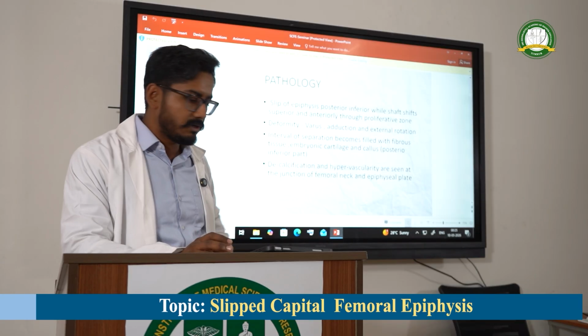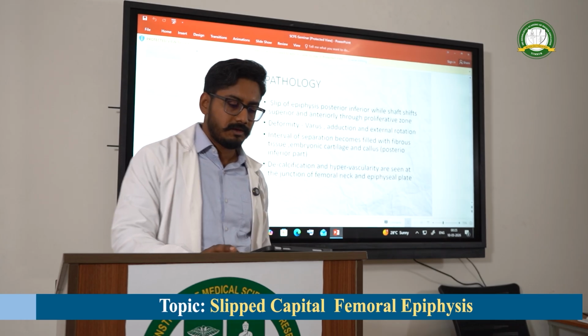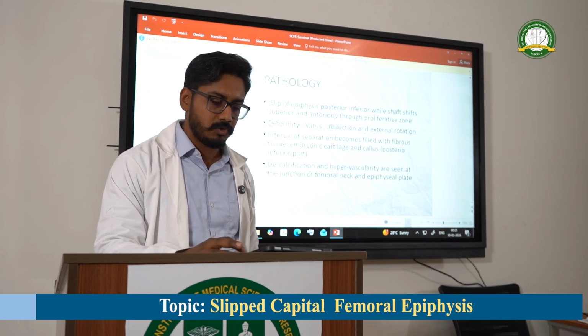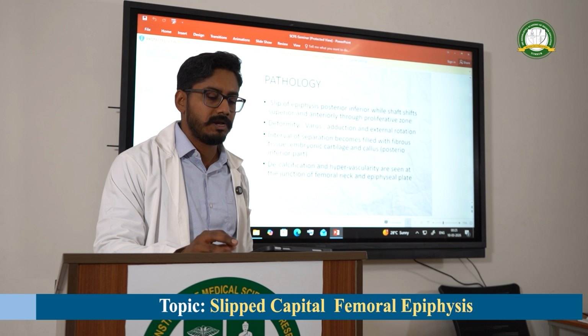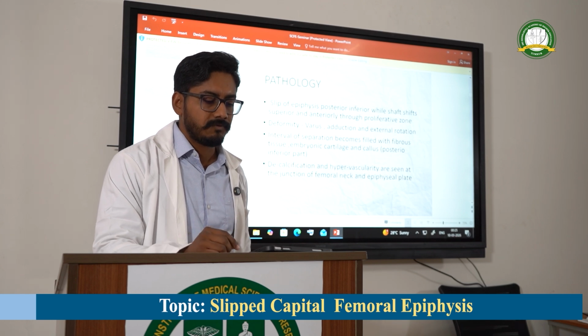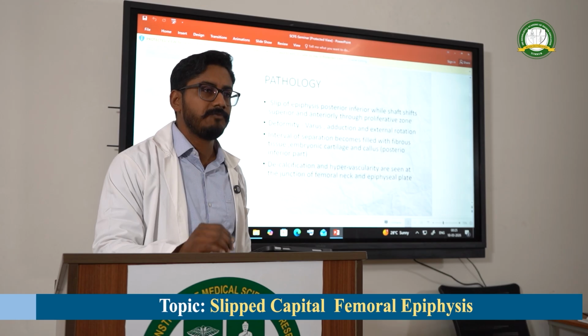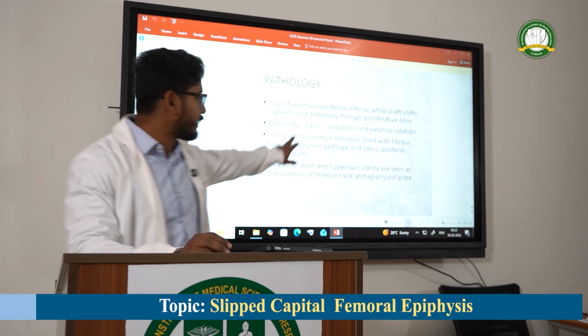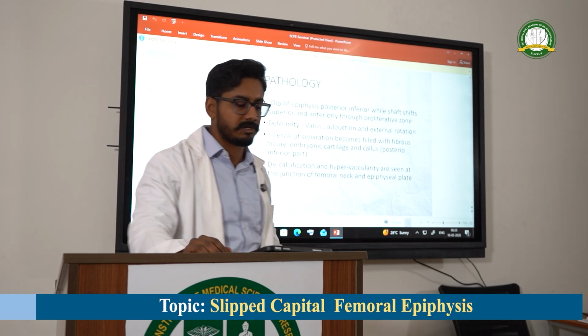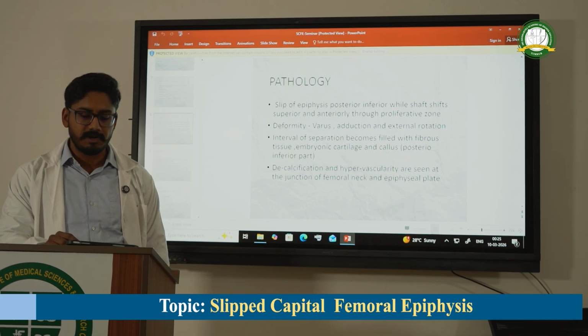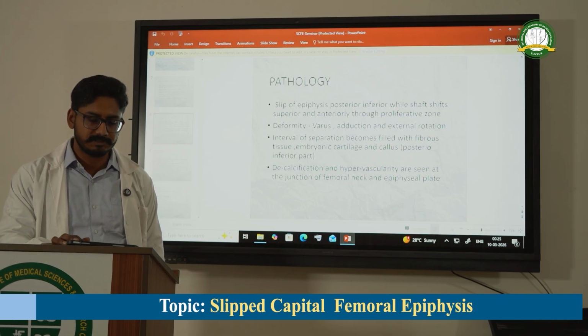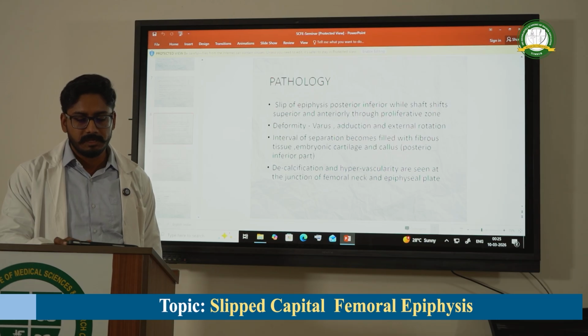The pathology: slip of the epiphysis posteriorly and inferiorly, while the shaft shifts superiorly and anteriorly through the proliferative zone. The deformity we can see here is varus, adduction, and external rotation of the limb. The interval of separation becomes filled with fibrous tissue, embryonic cartilage, and callus.